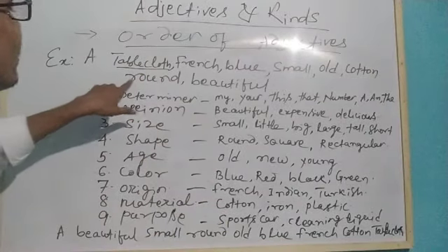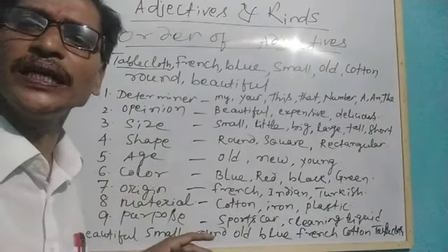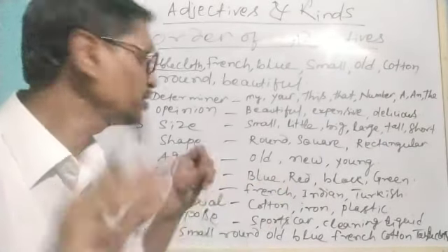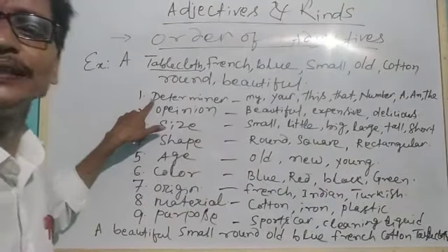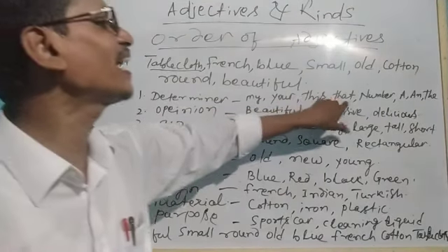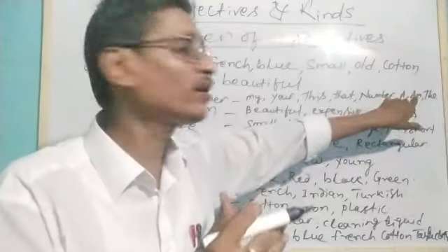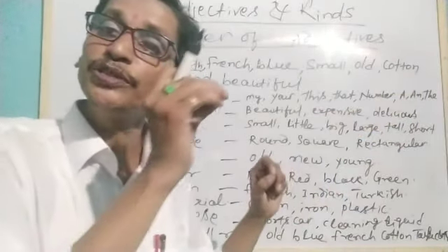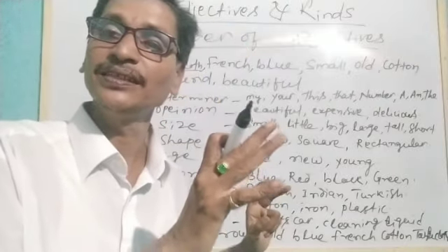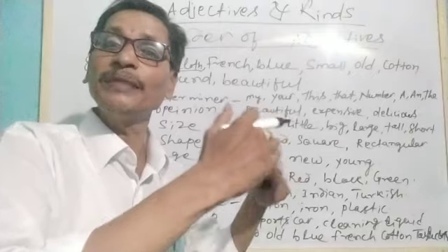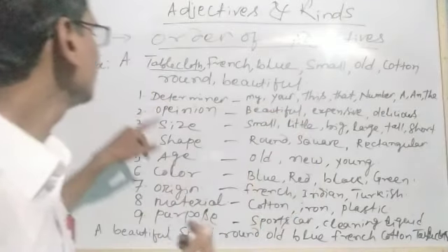Whenever we use adjectives, we should follow a certain sequence. First, we should use the determiners. Determiners means my, your, this, that, any number, a, and the articles. They come first, before all the adjectives modifying the noun.